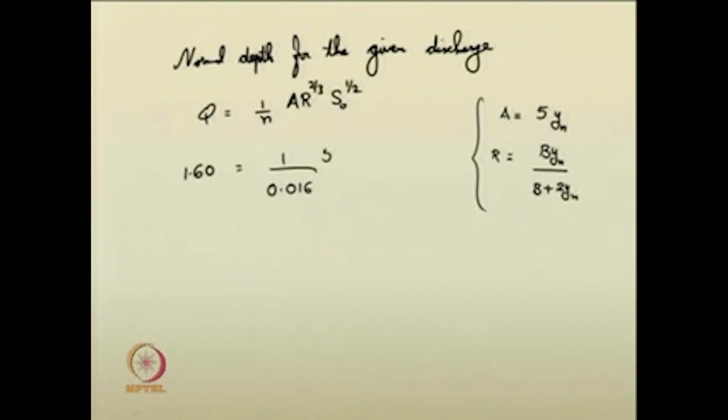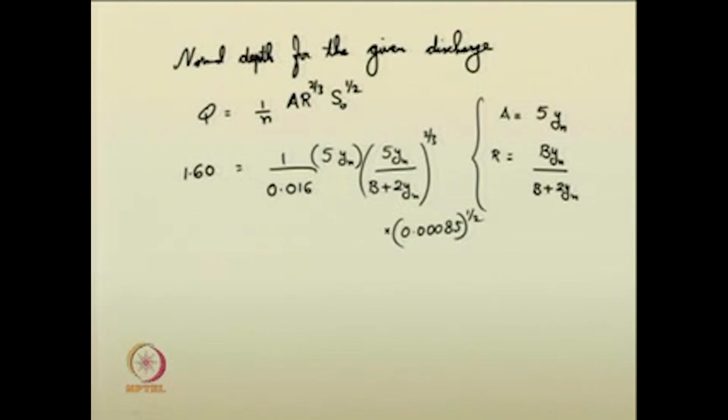So, pi y n by 2 to the power of 3 into S naught, so 0.00085 whole to the power of half. Okay. So, you have this following relation.